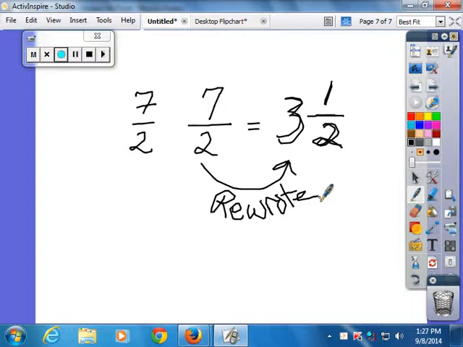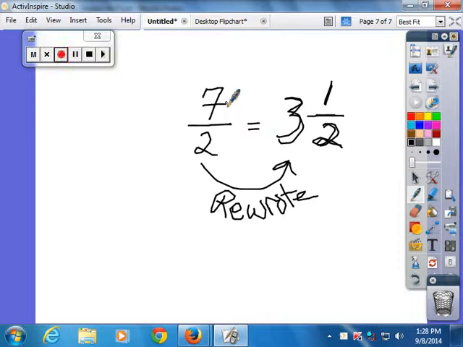Changing from an improper fraction to a mixed number is not reducing. It is rewriting it. Now, what about 4/2? Is 4/2 an improper fraction? No. 4/2 is 2. That's a whole number. That's something entirely different.